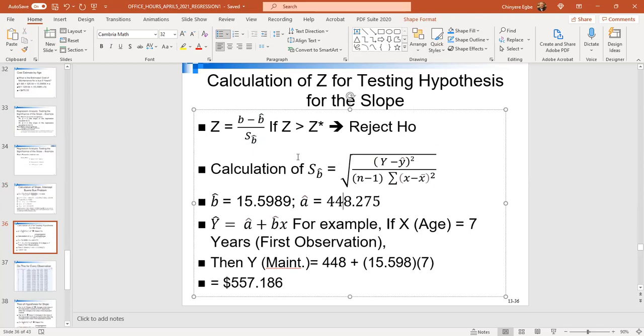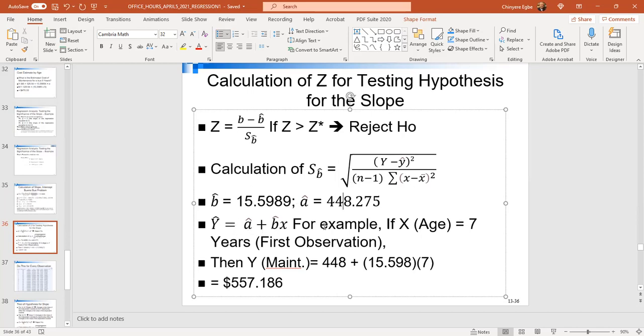Okay, and so the calculated standard error of B from our model, which you see, this is the formula for calculating the standard error of B. And so we get that calculation, and I'm going to show you how to use it for an equation when you're given all the numbers.